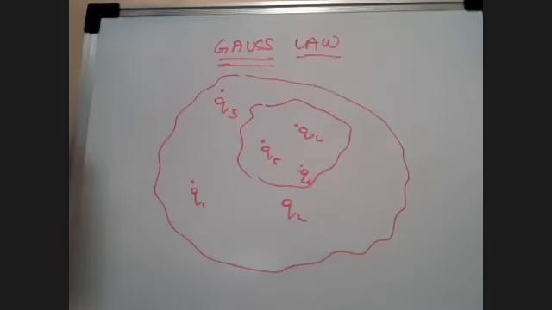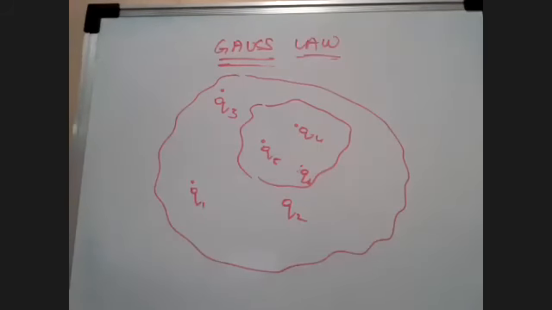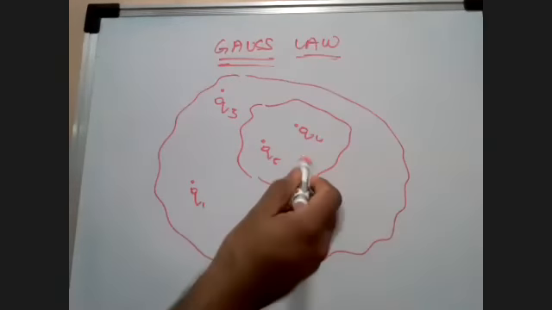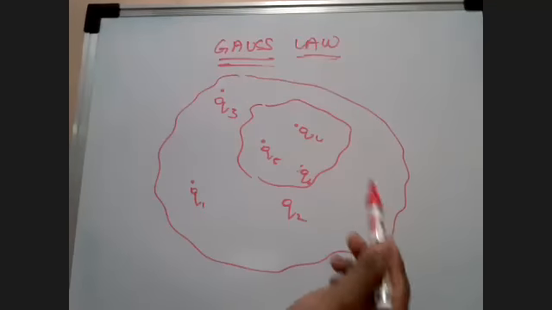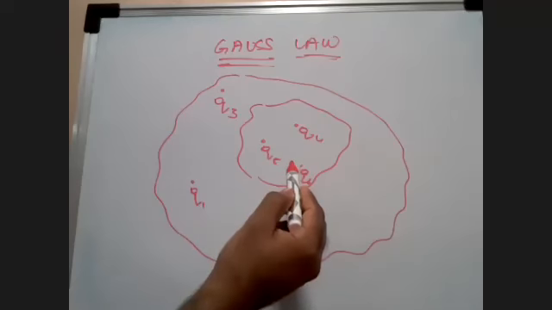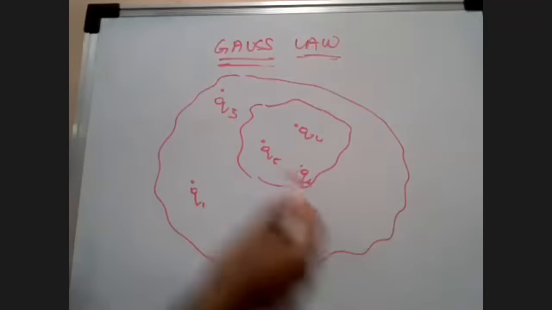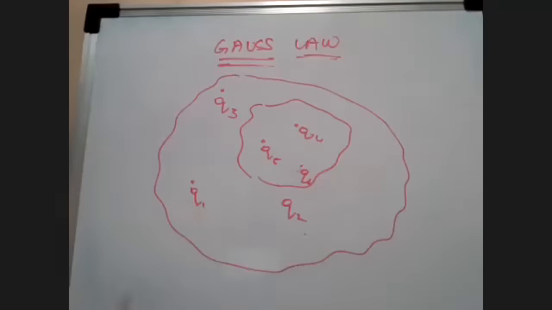The total flux emerging out of the surface is equal to q upon epsilon naught, where q is the charge enclosed by the surface, but it is also because of the charges which are present even around the surface.